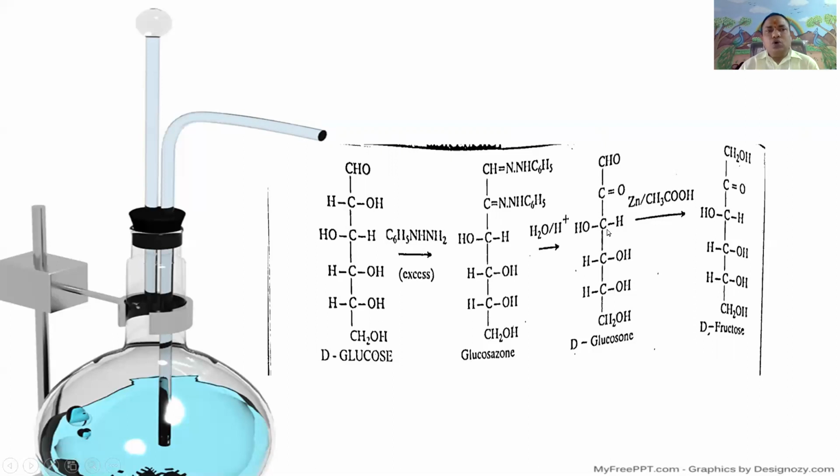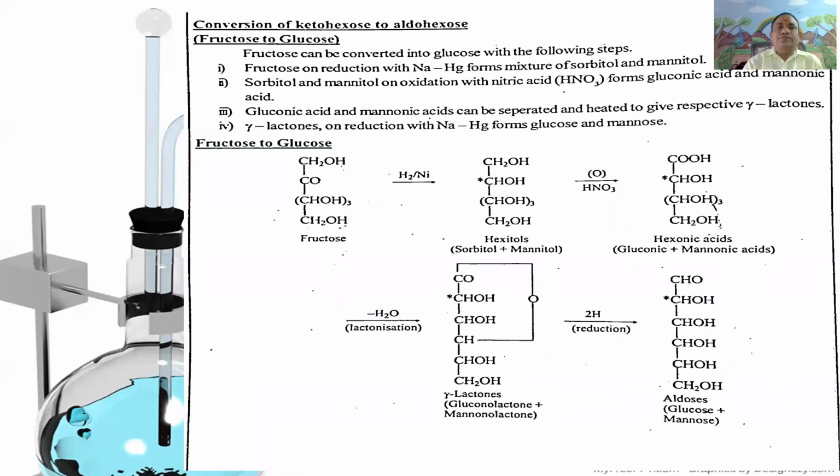This glucosone undergoes partial reduction with zinc and acetic acid. It gives D-fructose. That is the conversion of aldohexose to ketohexose, glucose to fructose.